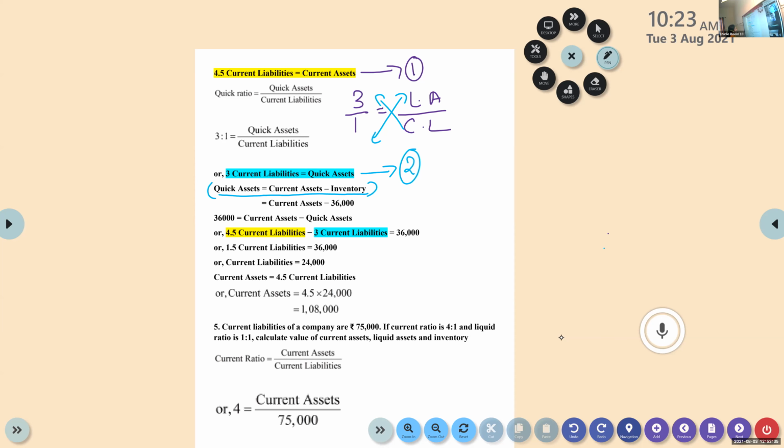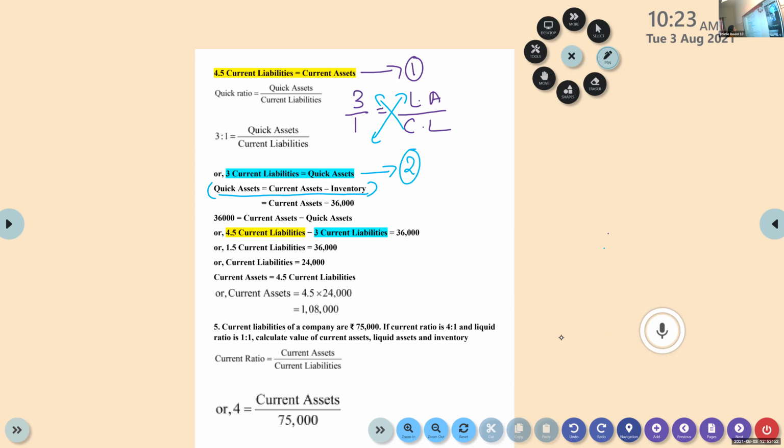So it becomes 36,000 is equal to 4.5 current liability minus 3 current liability. 4.5 CL minus 3 CL.